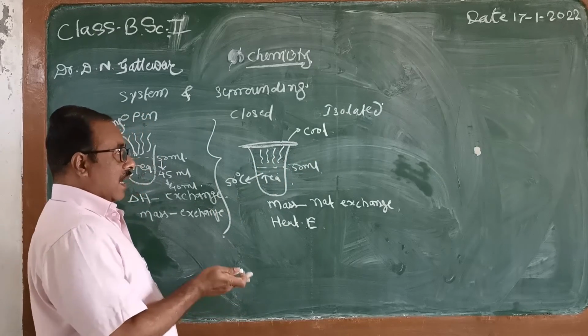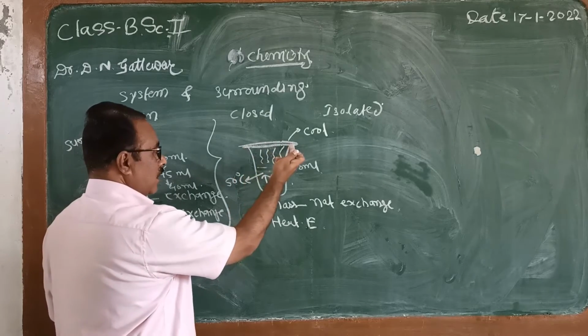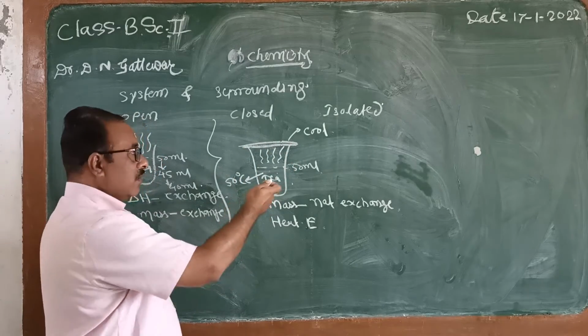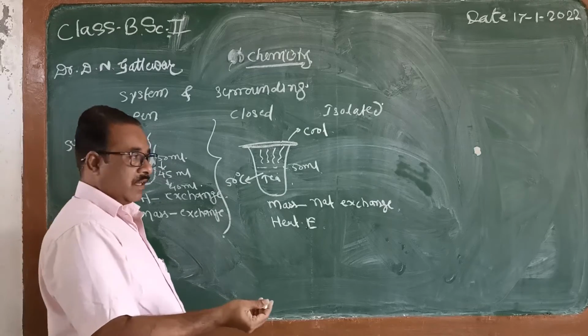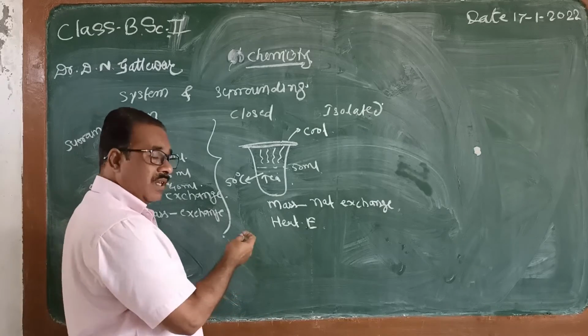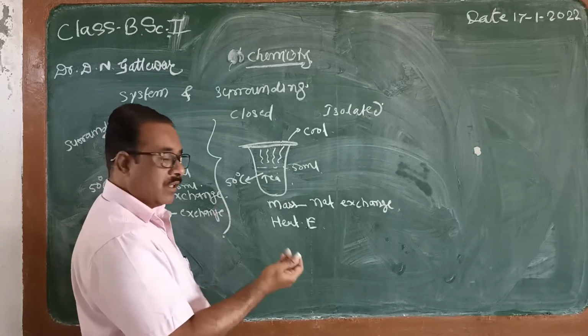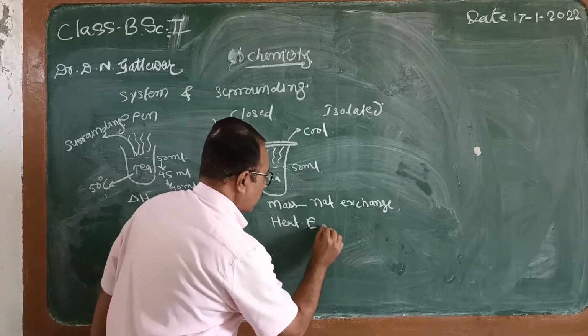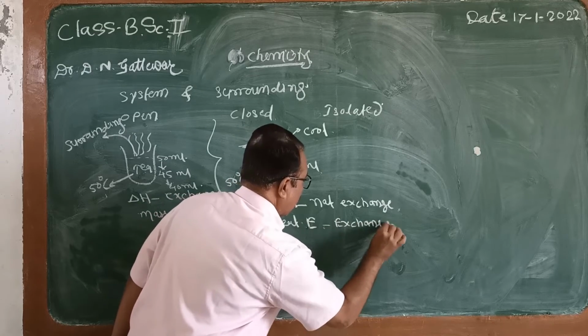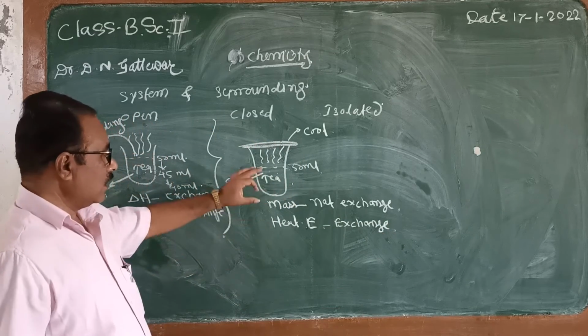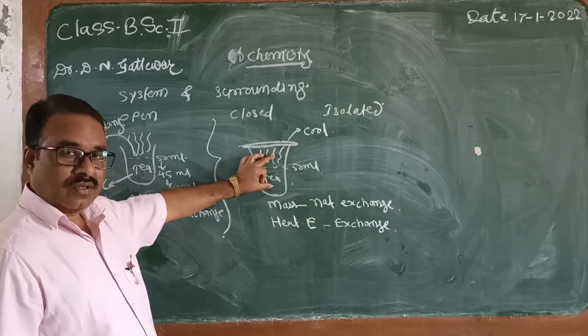Then what happened here? Even though we cover the tea with this lid, the temperature is decreasing, maybe slowly, but it is decreasing. That means heat can be exchanged with the surroundings here. So heat energy is exchanged with the surroundings, therefore its temperature is coming down, maybe slowly.